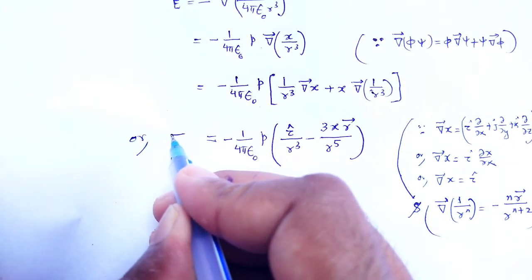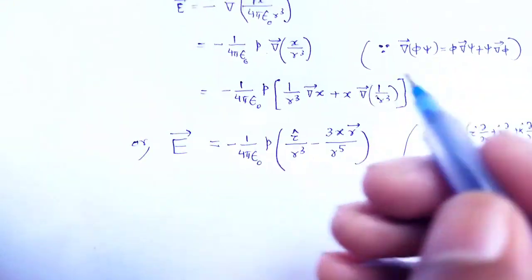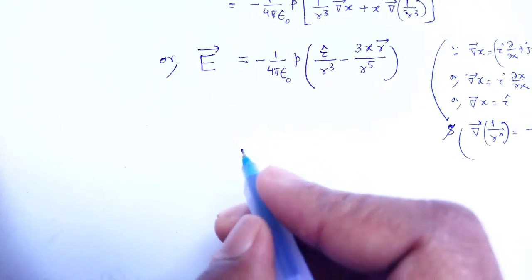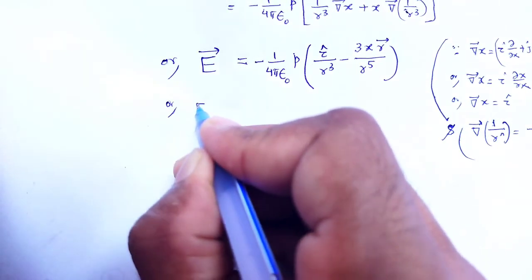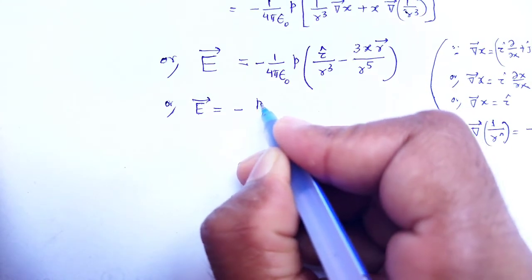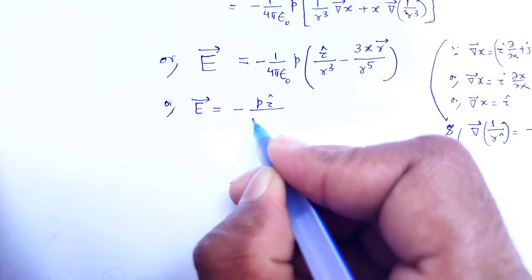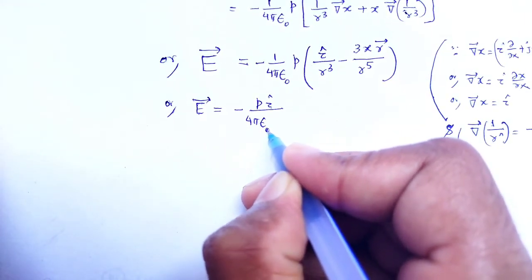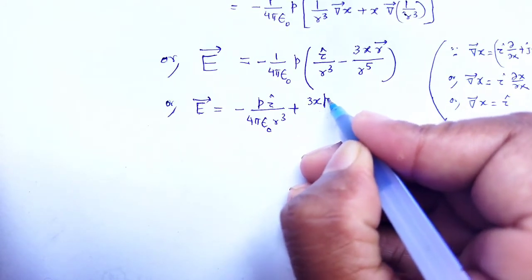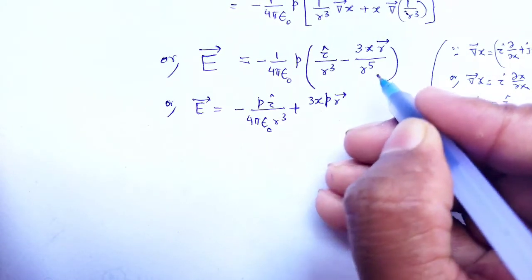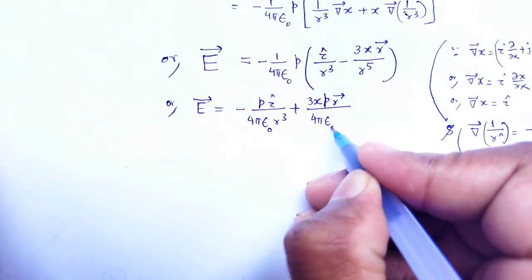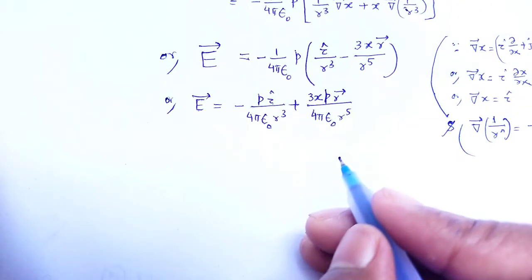That is the expression for electric field E. Now, E is equal to minus p i cap divided by 4 pi epsilon naught r cubed plus 3 x p r cap divided by 4 pi epsilon naught r to the power 5.